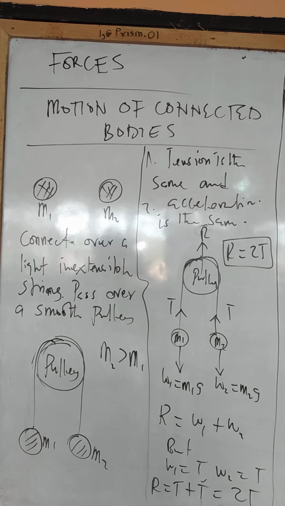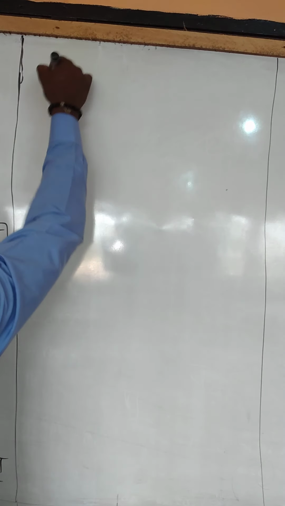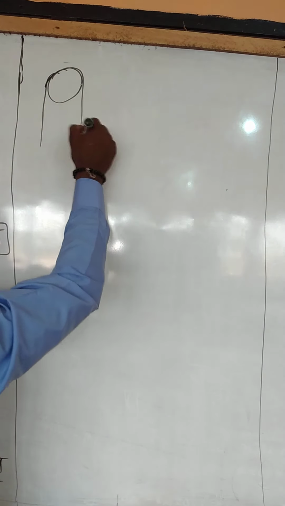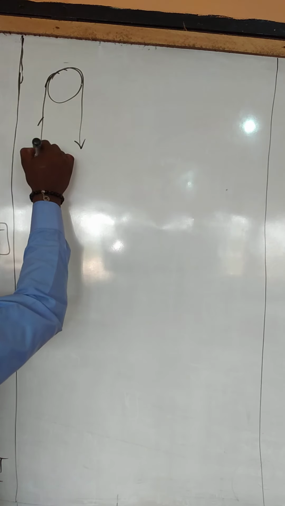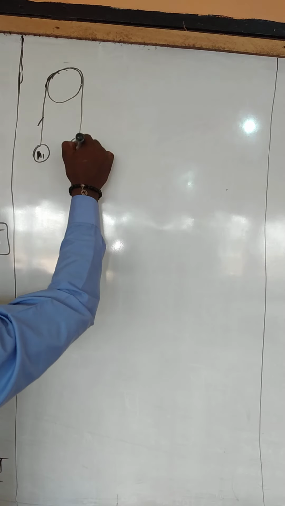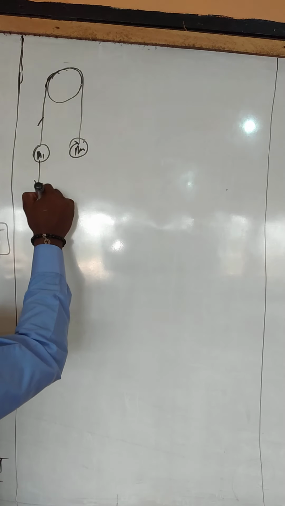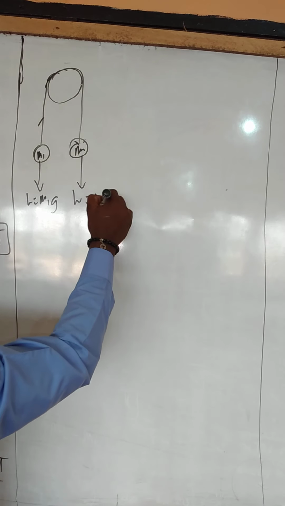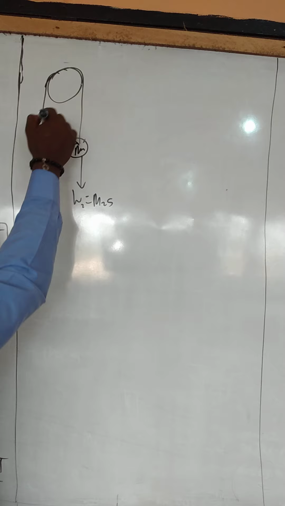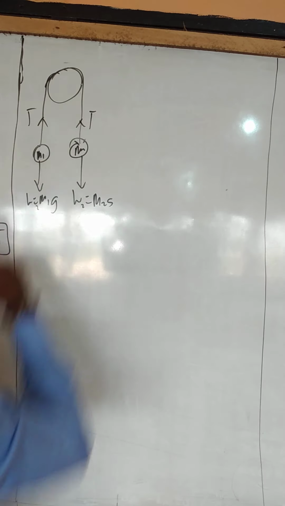The next thing I would want us to derive from this diagram is the acceleration and the tension. Let me quickly draw the diagram again so that we can deal with acceleration. I have m1 and m2, with weight m1g and weight m2g, and the tension is T here and T here.